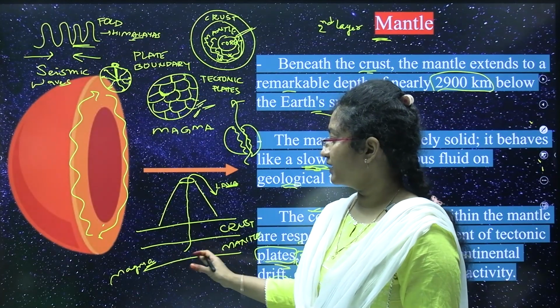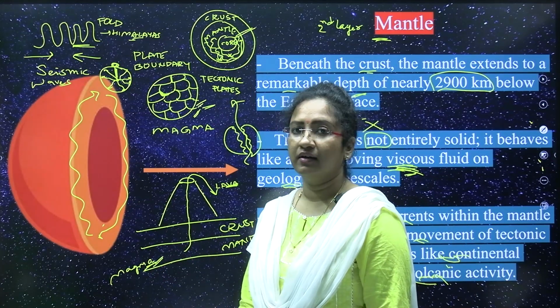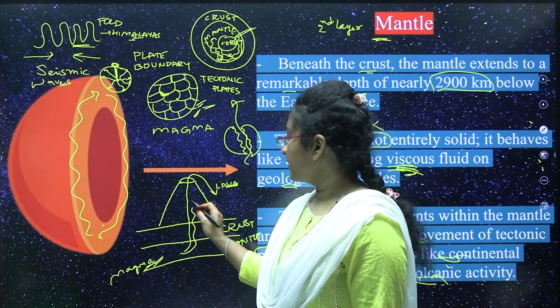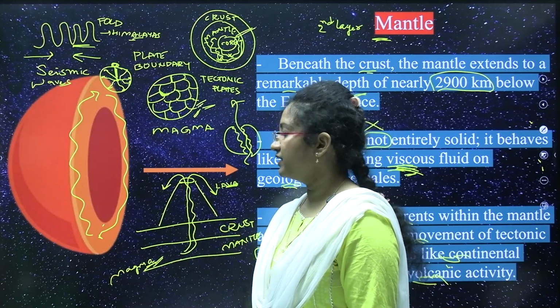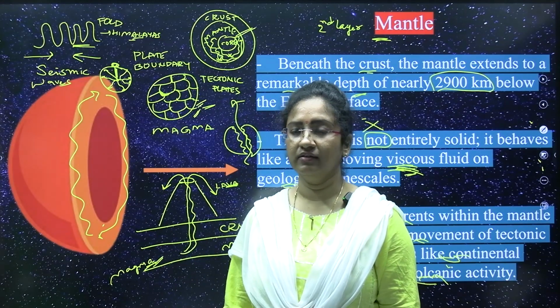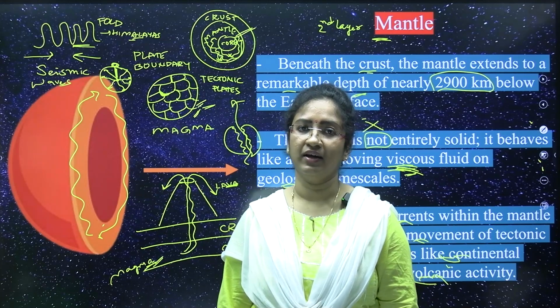When these tectonic plates move, and due to the convection currents present in the mantle layer, this magma tries to come out through the openings, vents, or fractures on the earth's surface. This is how magma escapes to the surface in the form of lava.